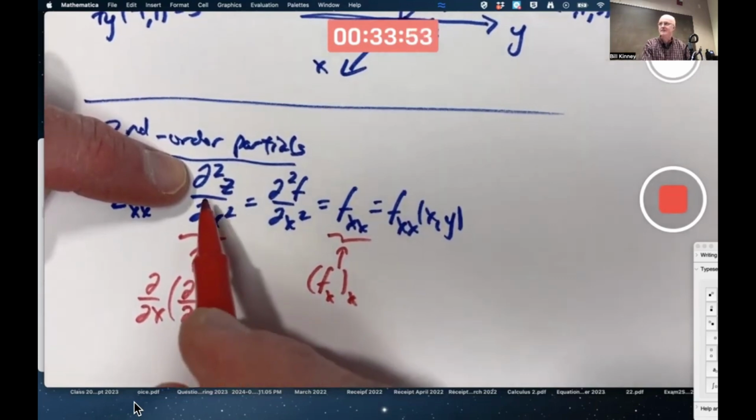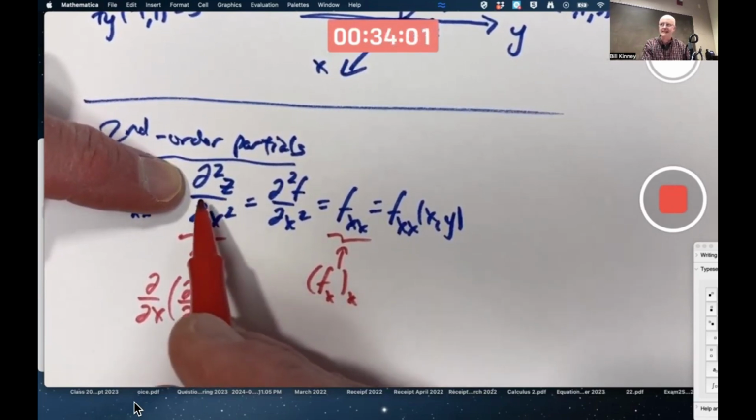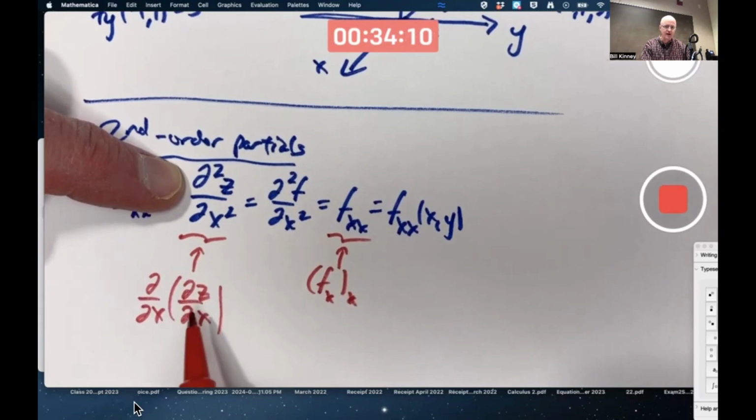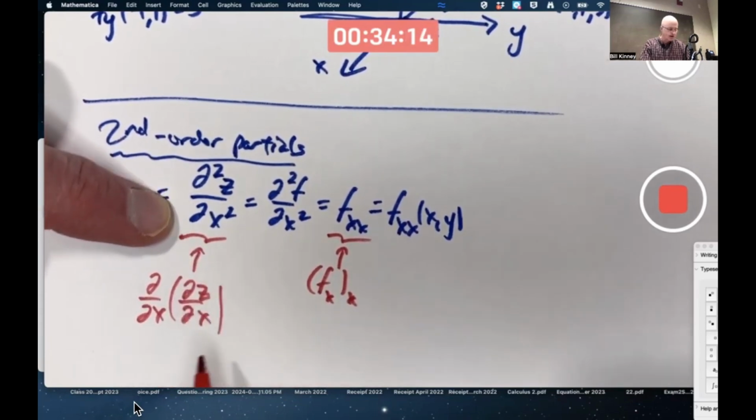If you're ever wondering about this, you're not literally squaring anything here. You're not multiplying this del by itself. It's not del squared, though sometimes we say that. We're not literally multiplying. Also the dx is not being literally squared.